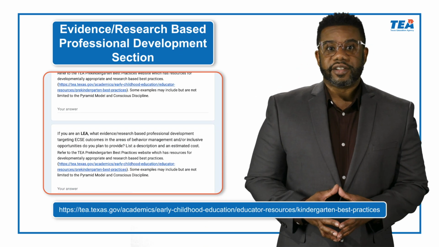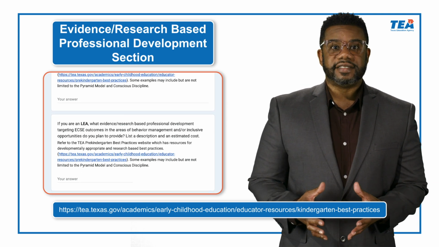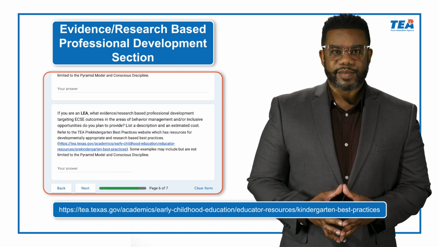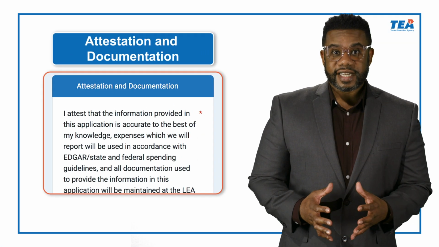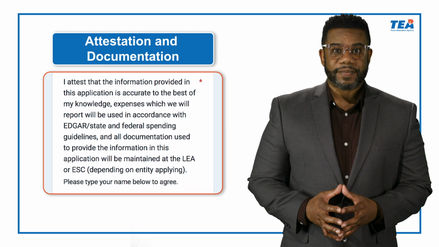Some examples may include, but are not limited to, the pyramid model and conscious discipline. Include a brief description of each and an estimated cost. Now let's address the attestation and documentation section. In this section, confirm that the information provided in your application is accurate.